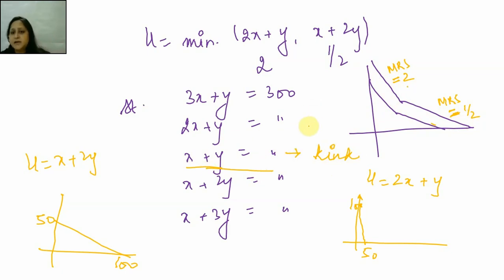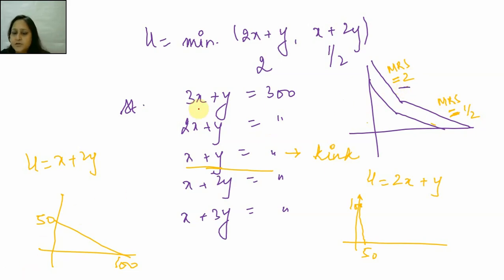Then let's look at the other clear cut cases. Whenever my MRS is less than the price ratio, then I will be consuming at the y-axis. So whenever my MRS is less than P1 by P2.